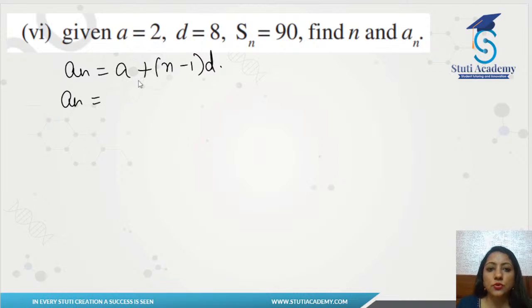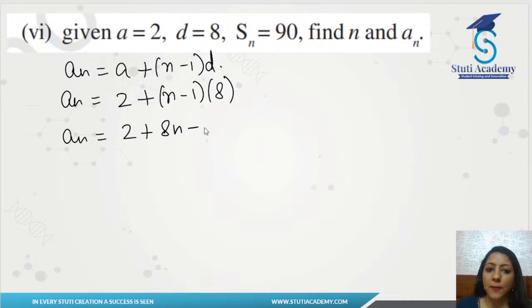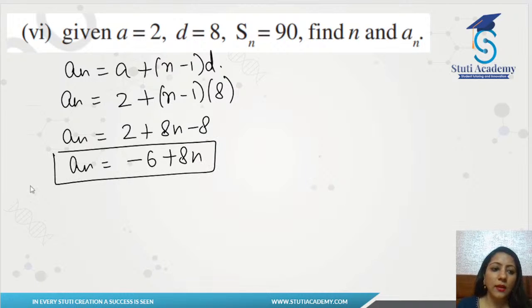Let's see what can we do about it. We'll write this as 2 plus N minus 1 into 8. We can write like this. If you want, you can simplify also. You can write this An as 2 plus 8N minus 8. And further, you can write this as minus 6 plus 8N. Let's keep it aside.